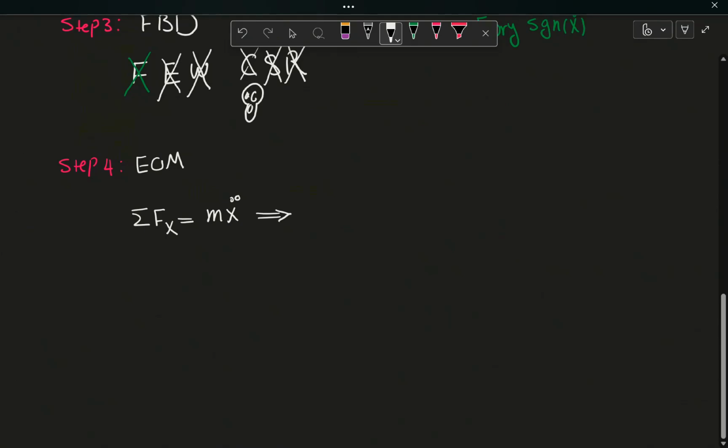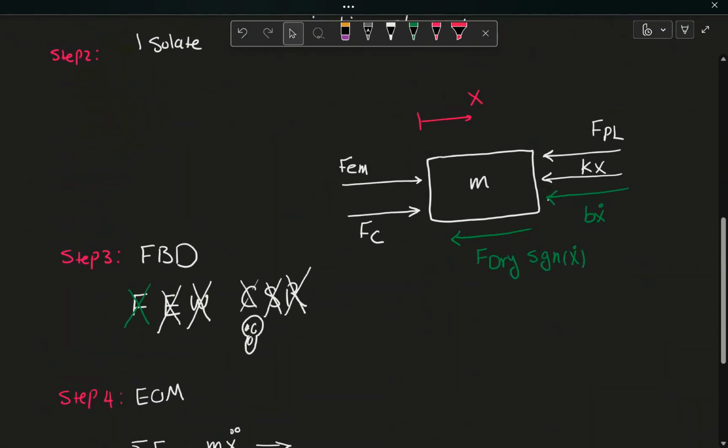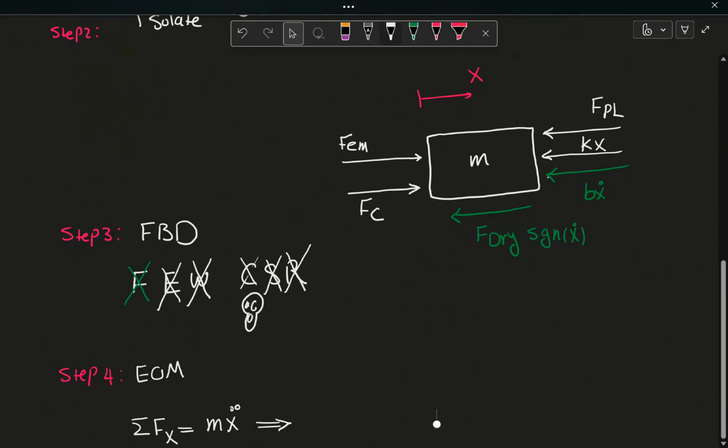So let's look at this. I have a lot of forces here. Actually, I have 6 forces. These two are pointing to the right, which is the positive x direction. These 4 are pointing to the left, which is the negative x direction.